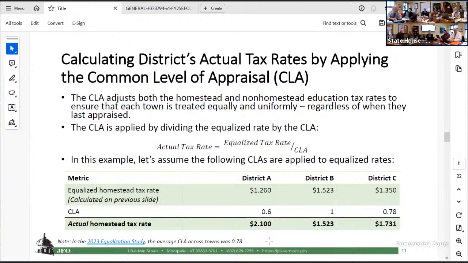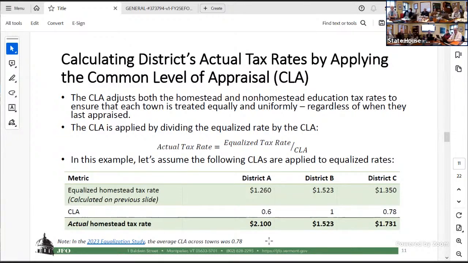Yeah, so if there were no CLA, then districts would not be paying the amount into the education fund that they were responsible for paying, because their property values were not reflecting their fair market value.